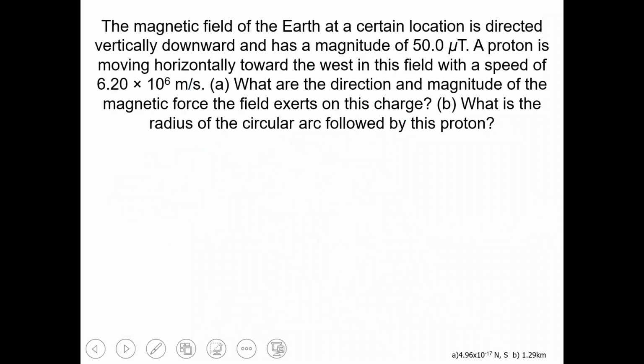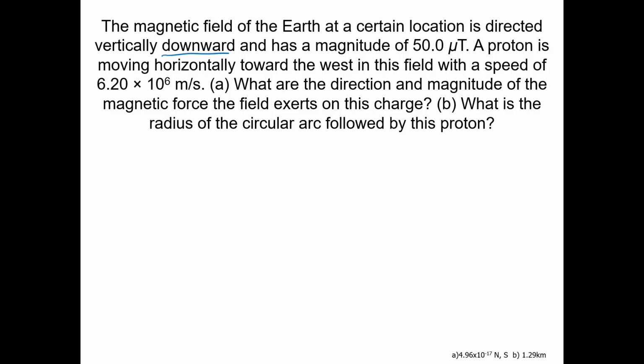So what we can do is we can work a practice problem. In this case, we have the magnetic field of the Earth at a certain location is directed vertically downward. By the way, this is most likely going to occur near the North Pole, up in the Arctic Circle area.